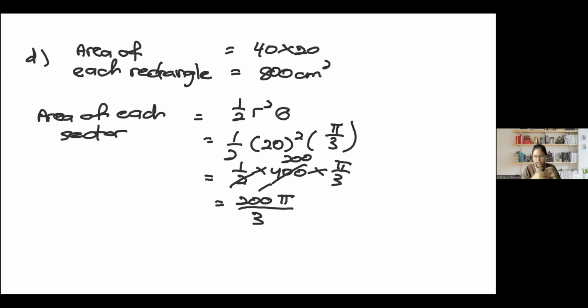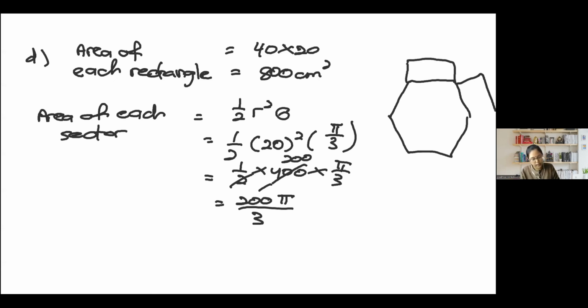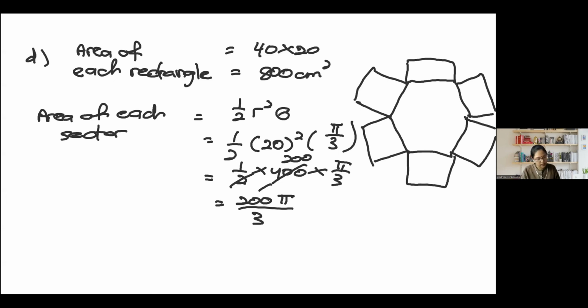Now we're going to get the area of the total region enclosed by the rope. If I draw this for you, this is your hexagon. You had your rectangles here, these were the rectangles that we were drawing, and then another rectangle here, another here, and another here. So these were the 6 rectangles.